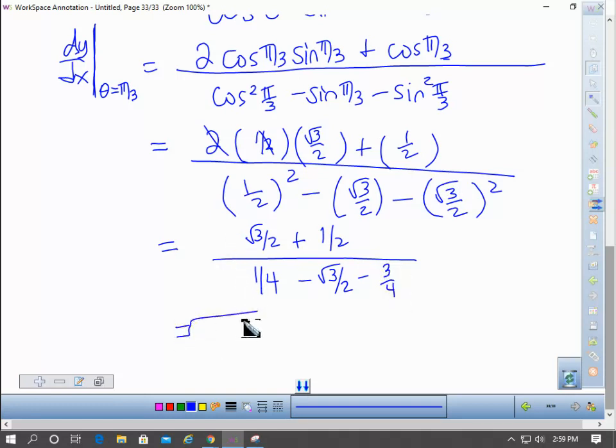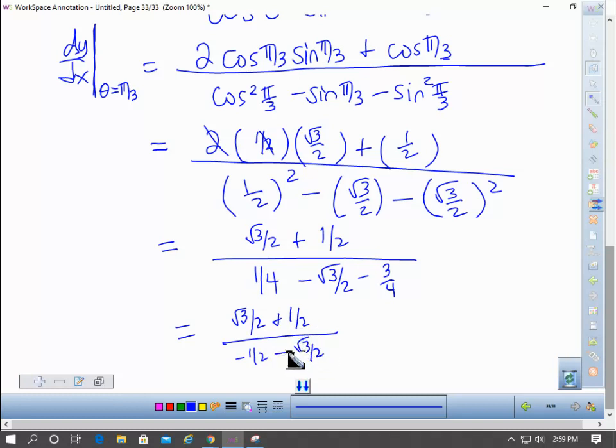So the radical 3 over 2 plus 1/2 is still in my numerator; I'm not going to put that together. We've got 1/4 minus 3/4, so that's minus 2/4. So that's negative 1/2 minus radical 3 over 2.